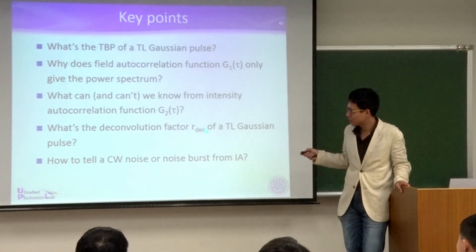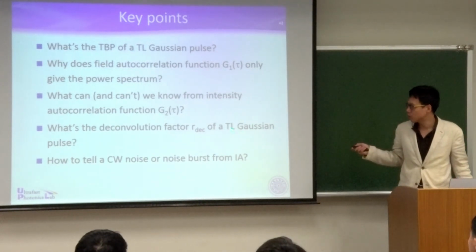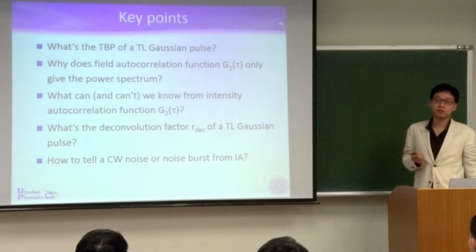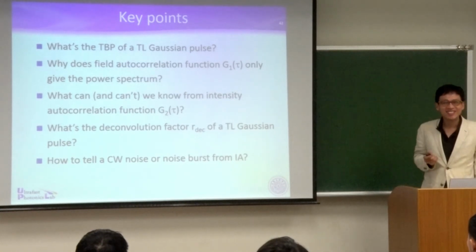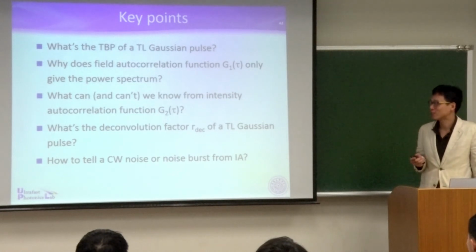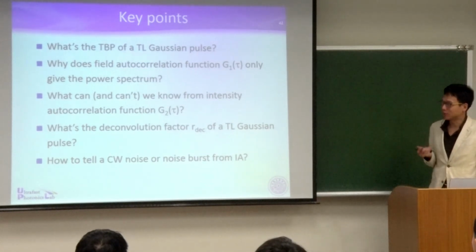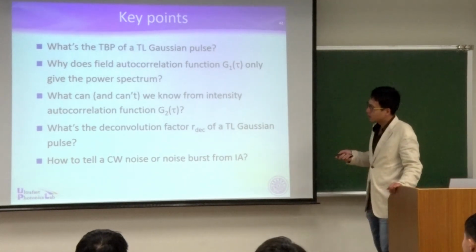The ratio is defined as the deconvolution factor. And what is the number if you are talking about a transform limited Gaussian pulse? Good. Square root of 2, 1.414. This is also a very useful number in the laboratories.